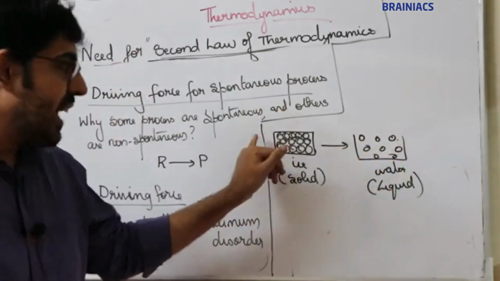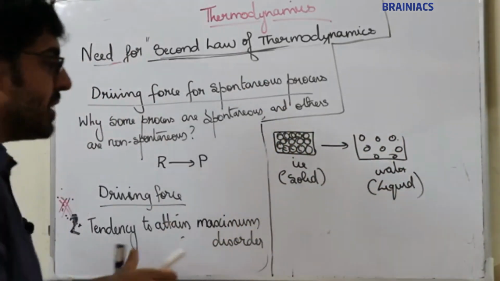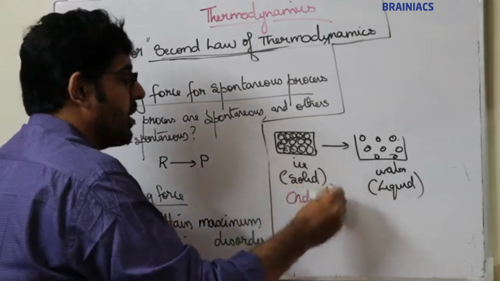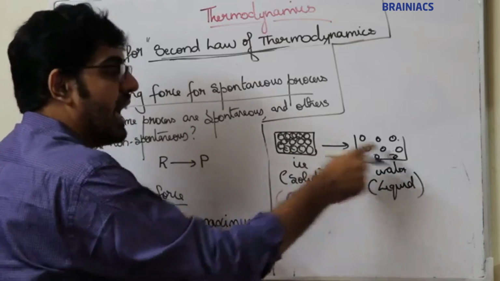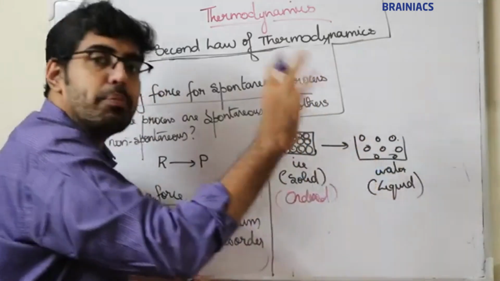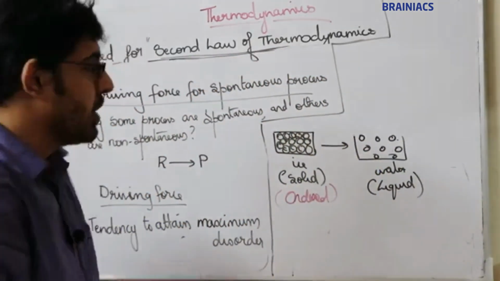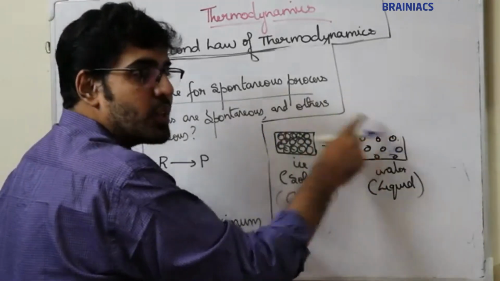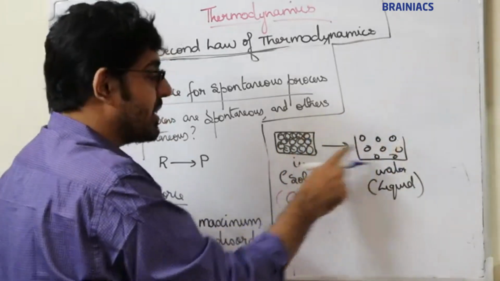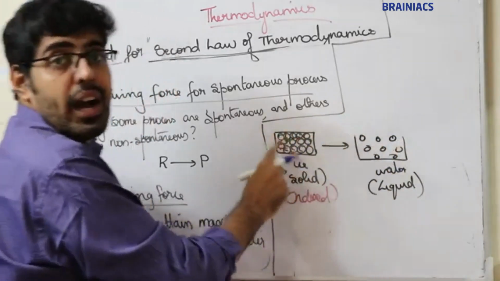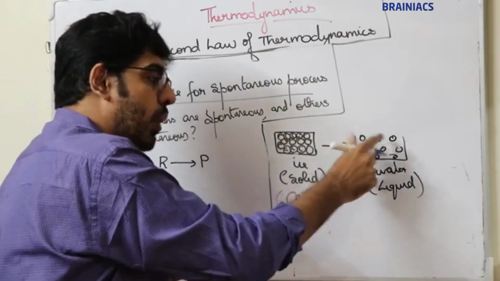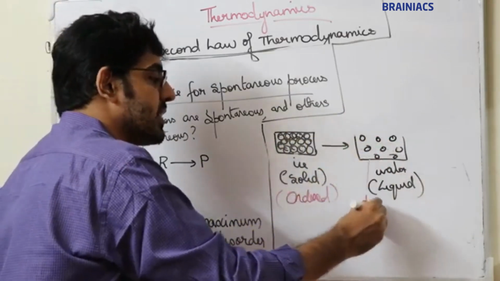That means in ice, particles are closely packed, that means they are ordered. In liquid, particles are loosely packed. That means you can observe a disorder. So here ice will melt to form water, so that disorder of the system increases. Let ice be the system. Ice particles are orderly arranged, and when it converts to liquid, disorder increases.